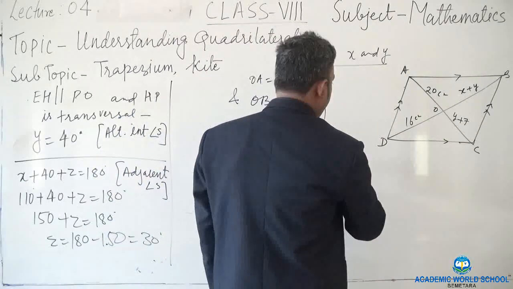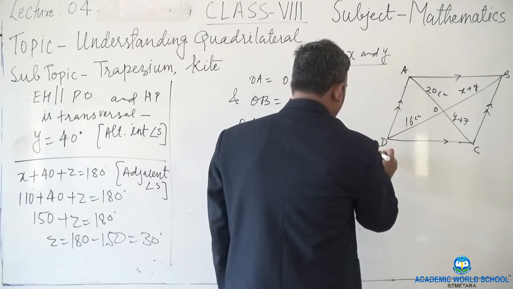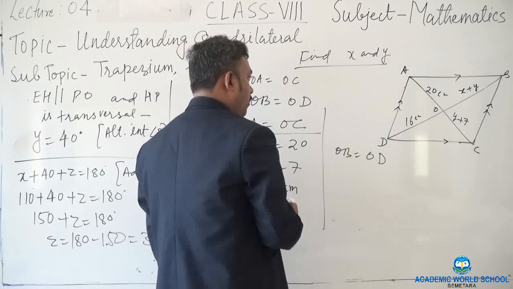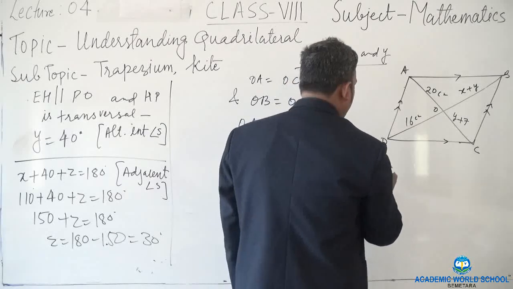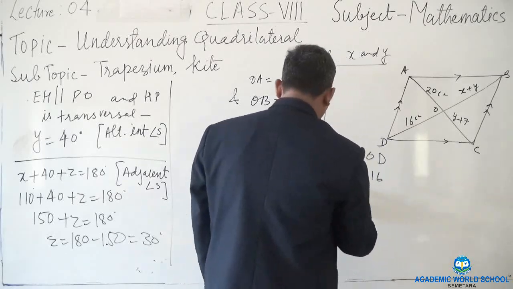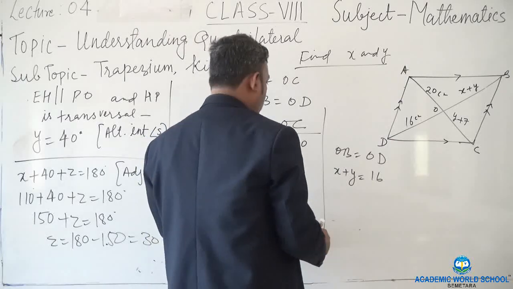Now we will take OB equal to OD, right? Here OB is x plus y and OD is 16, and we got the value of y here.